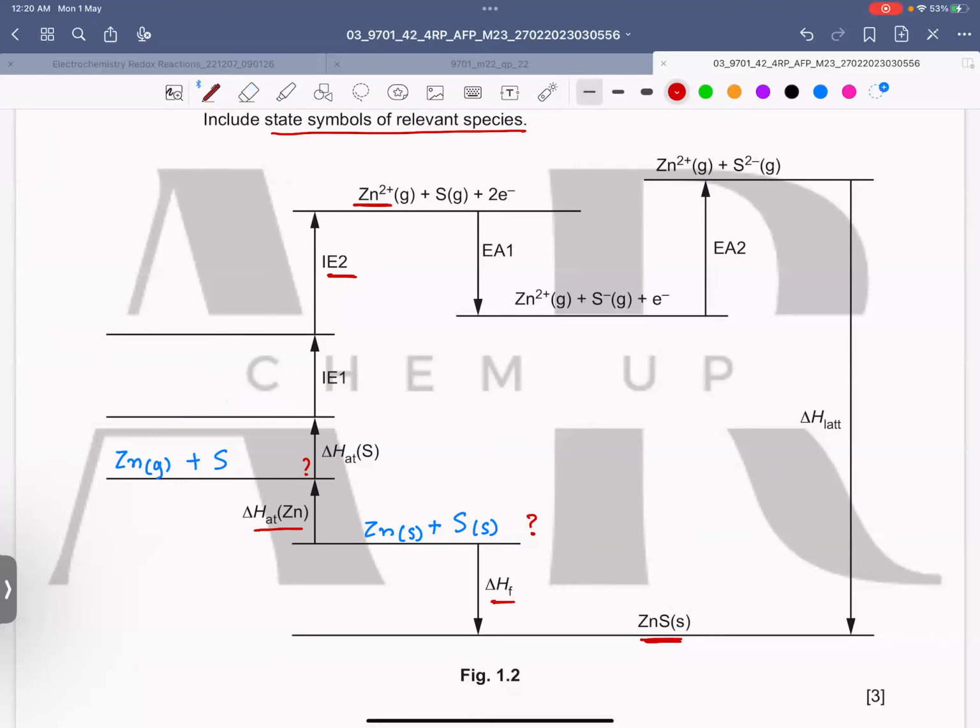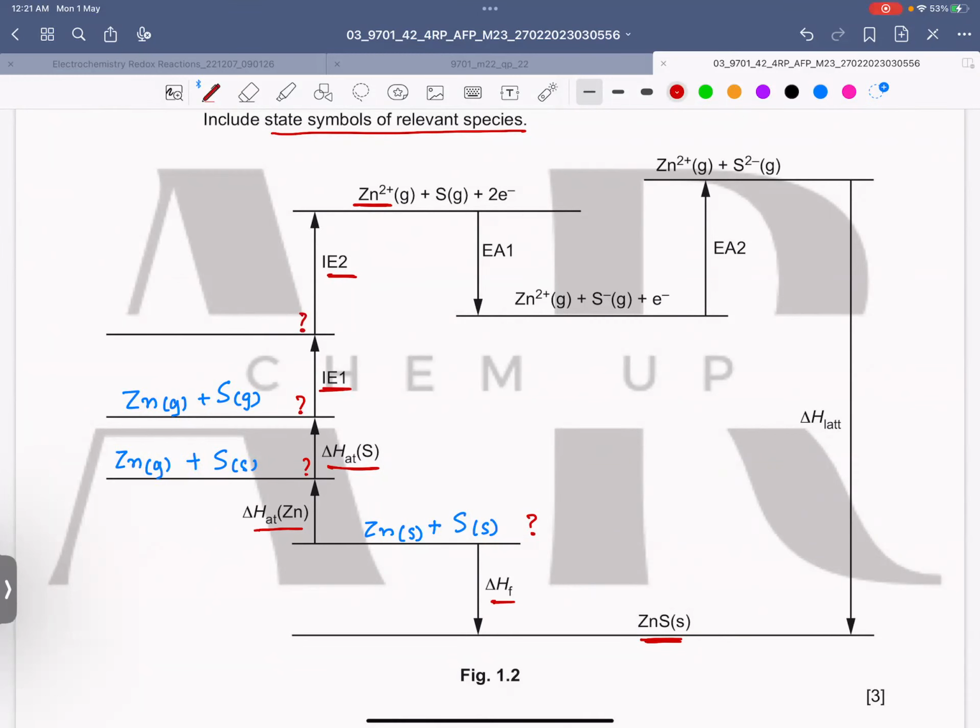So in this case, here the atomization of sulfur is over here. If you state the atomization of sulfur, zinc 1 mole is in gaseous state and here the sulfur was solid. Now here the sulfur becomes gas. Then now it's the first ionization energy.